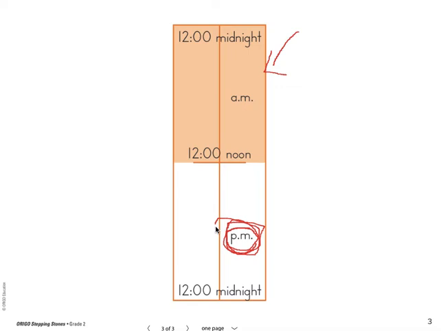Are you ready? We come home from school. In the afternoon, we have dinner. In the afternoon, if you play a sport, like wrestling or soccer, that would be done in the PM. That would be done after school, after noon even.